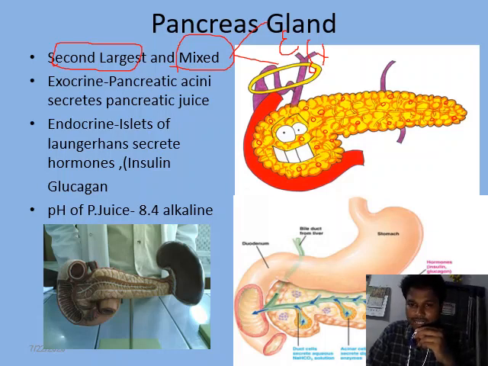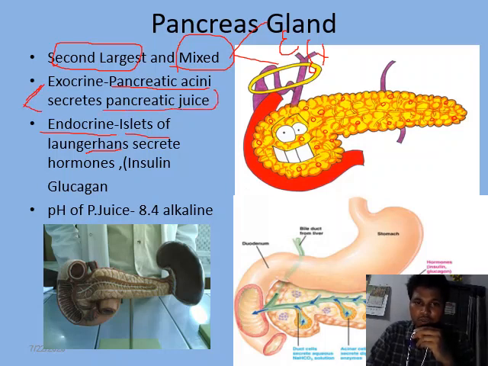So the pancreas has two parts: the exocrine part, which is called pancreatic acini, and the endocrine part, which is called islets of Langerhans. Okay, the exocrine part of the pancreas, the pancreatic acini, produces pancreatic juice which contains several enzymes in it, and here you are able to see the lobule-like structures, and these are called pancreatic acini.